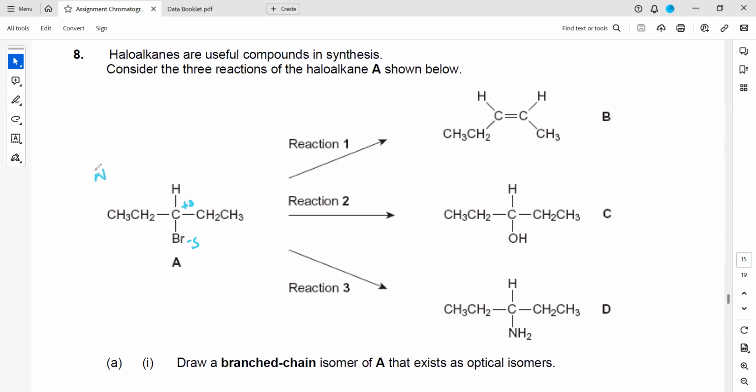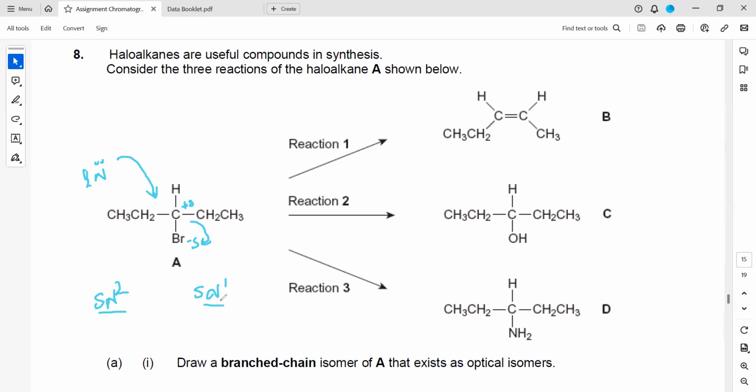Then NH2 group is there. With a lone pair, it will attack the positive center and the bromine will break the bond. Bond breaking and bond forming will take place at the same time for a primary, so SN2 is there with the primary.